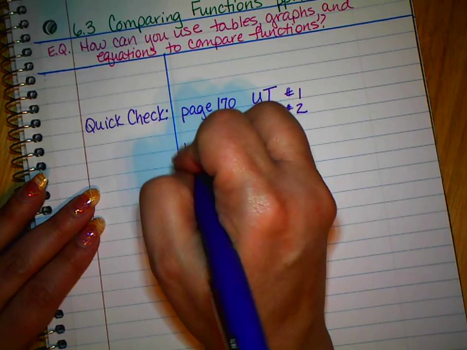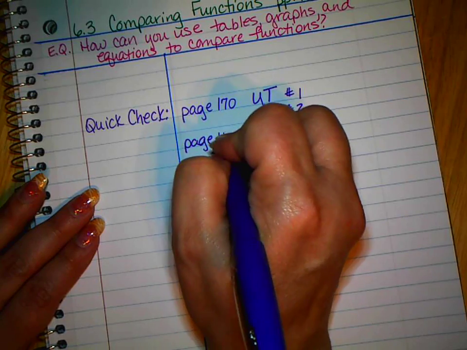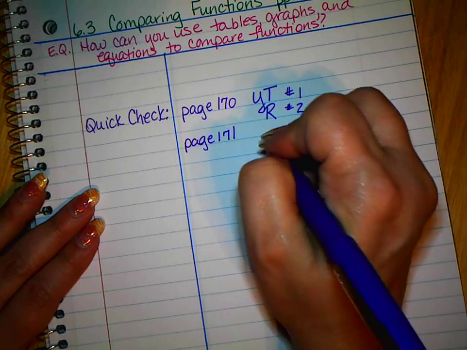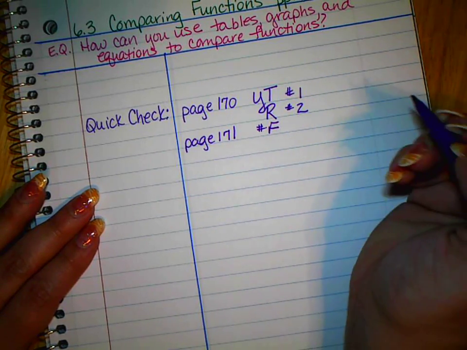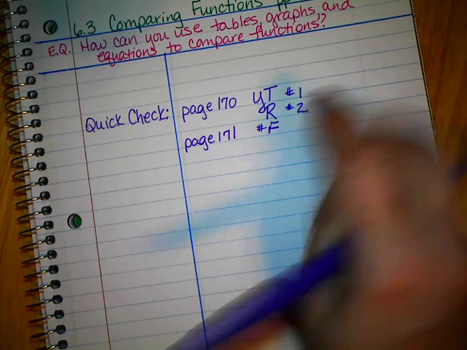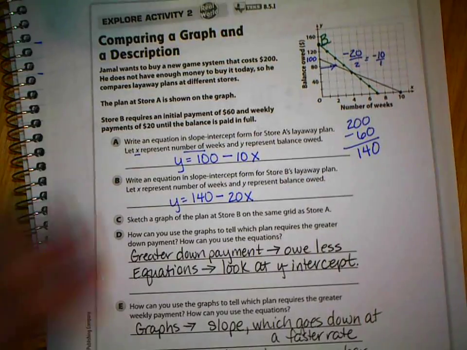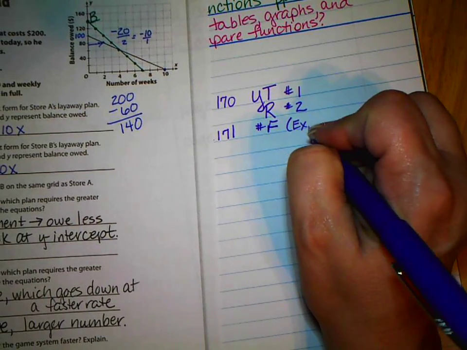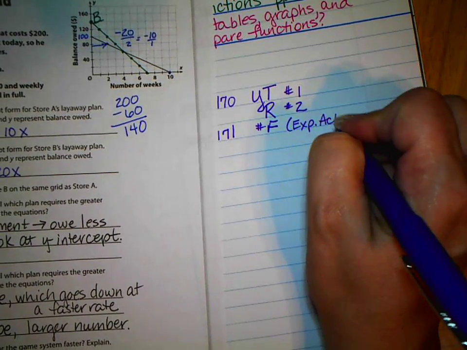Then on page 171, there was number F. There was a question, number F, at the very bottom of the page. Let me remind you. Okay, this is when we're doing our Explore activity number 2, and I'll put that there. Explore activity number 2.